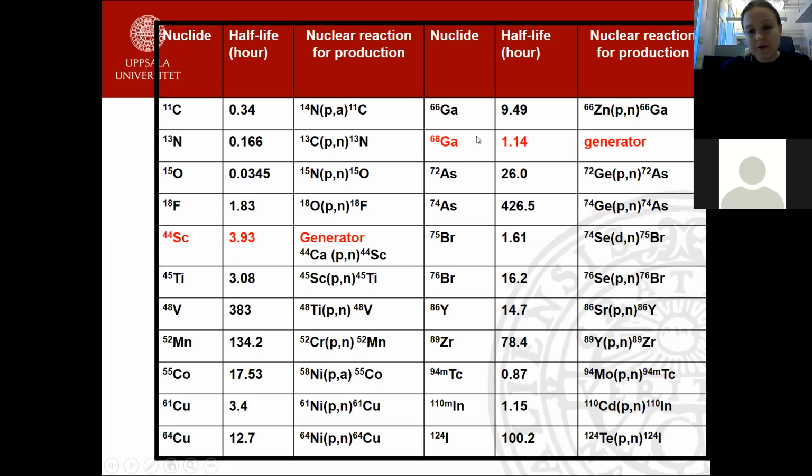It's quite easy to use, and we also use it in the lab. So really the availability puts quite a big strain on what we can use. As far as I know, there are only two scandium-44 generators in the world right now, so it's limited as well. So basically, the main choice is gallium-68, and gallium-68 is so popular because it can be produced by a generator.